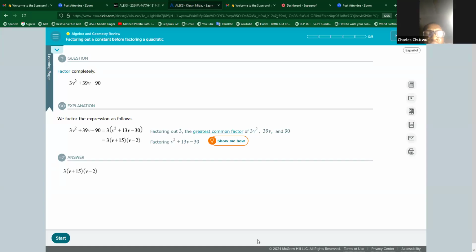So in this case, the lowest common factor is 3. Since that's the lowest common factor, if you factorize 3 out of 3v squared plus 39v minus 90, you would have just v squared plus 13v minus 30. Now, you have a quadratic expression in the parentheses.